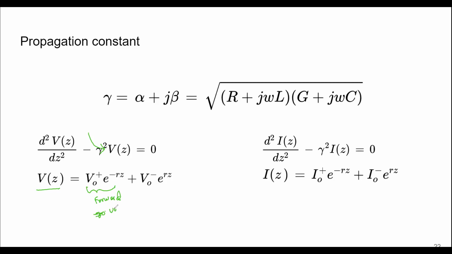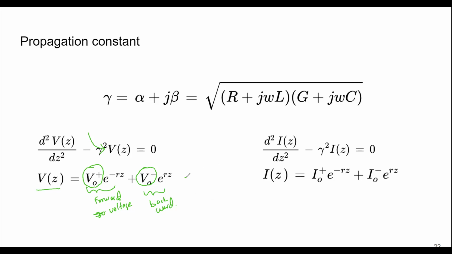The forward voltage magnitude is denoted by V plus naught, and the backward going voltage magnitude is denoted by V minus naught. The forward voltage's exponential term has a minus sign to show that it is going in the forward direction. Then we have the exponential to the plus gamma Z to show that the wave is going in the opposite direction, or the minus direction.